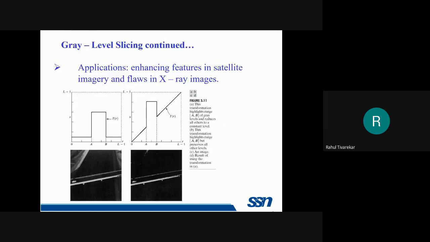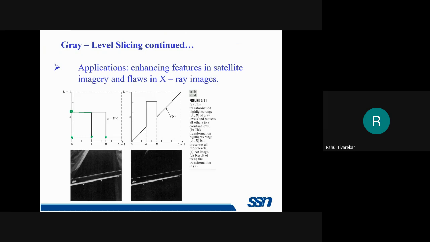As you can see here, we are interested in the intensities of pixels between point A and point B. So all the pixels having intensity in between A and B are converted to the output intensity, let's say this value. And all the pixels below intensity A and above intensity B have been mapped to the output intensity of this value.